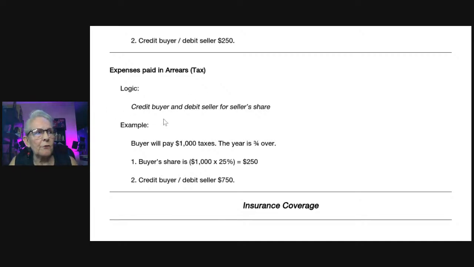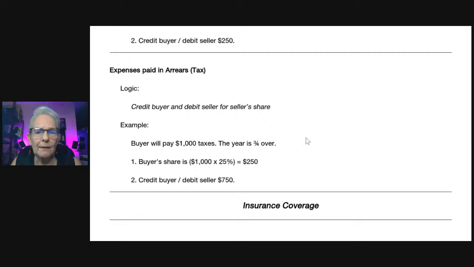So the logic: credit buyer and debit seller for the seller's share. Example, buyer will pay $1,000 taxes. The year is 3/4 over. Buyer's share is $1,000 times 25%, because it's 3/4 of the year over. So it is 250. This one is simple.